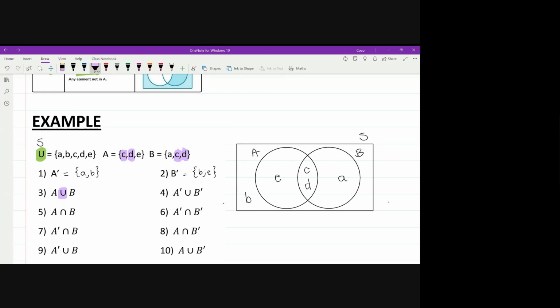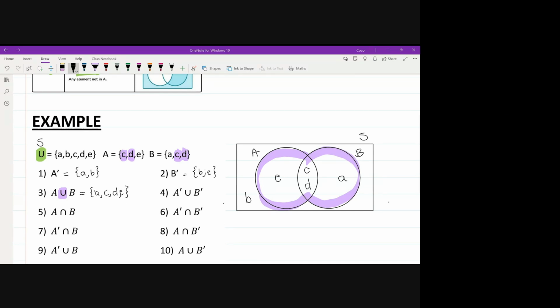It tells us everything in A or B. So we're putting all of them together. Both of them together is going to be everything except B, so we'll have A, C, D, and E. That's what we get there.